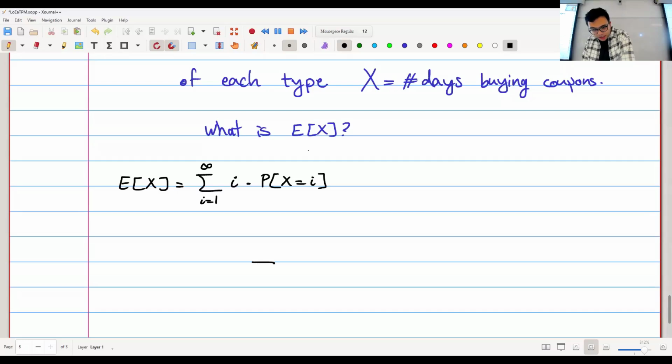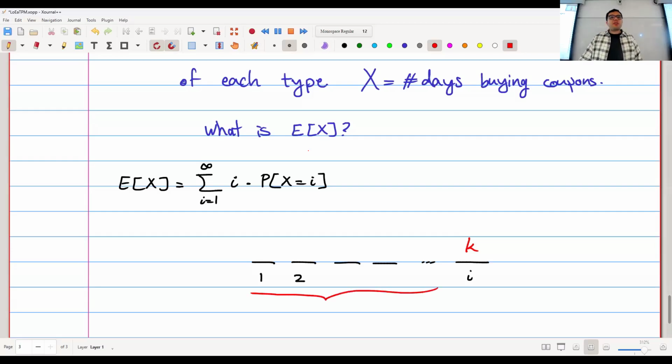So again, we look at this combinatorially. I have day 1, day 2, and so on to day i. On day i, I'm going to get the last type of coupon, let's call that last type K. And in all the days before day i, I have to have other types of coupons.